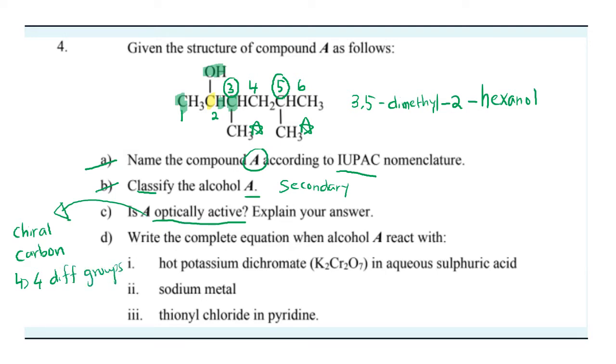Before we proceed, we erase all that we have marked down here. Very quickly, we check carbon 1: definitely not, because it has 3 hydrogens. Carbon 2, as we already know, has one hydrogen, another is OH, CH3, and the other group is this big group.